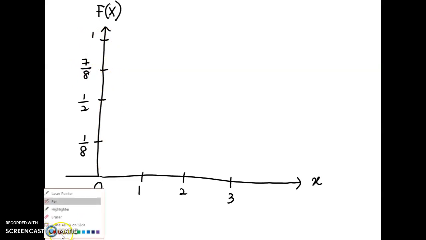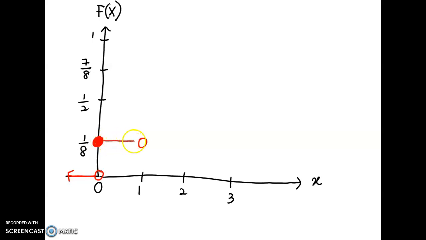So we start from x less than 0, open at 0 to the left. Okay, next, 0 until 1. So 0 until 1, 0 is a filled circle because we have equal sign. 1 until 2 is 1 over 2, then filled circle at x equals 1.